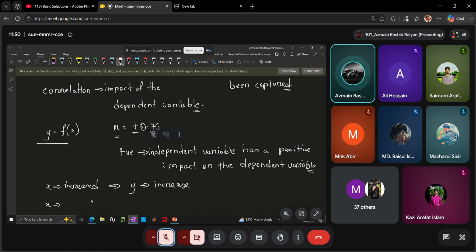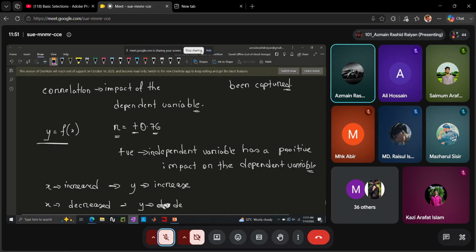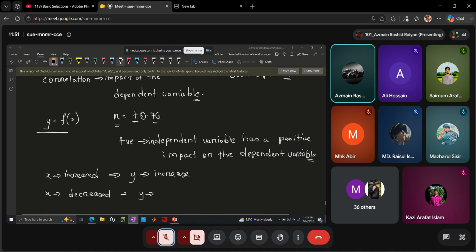And if my x value is decreased, then similarly my y value will also decrease. So this is what positive correlation means.